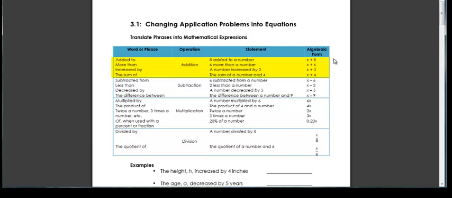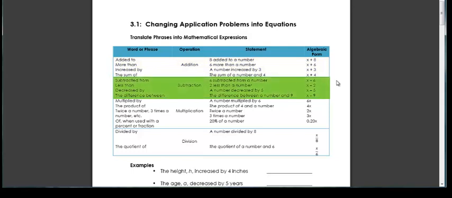You're taking 8 and adding it to some number, and we don't know what that number is, so that's our x. There's 6 more than a number, so that's x plus 6. A number increased by 3 is x plus 3. And the sum of a number and 4, the sum implies addition, so that's x plus 4.